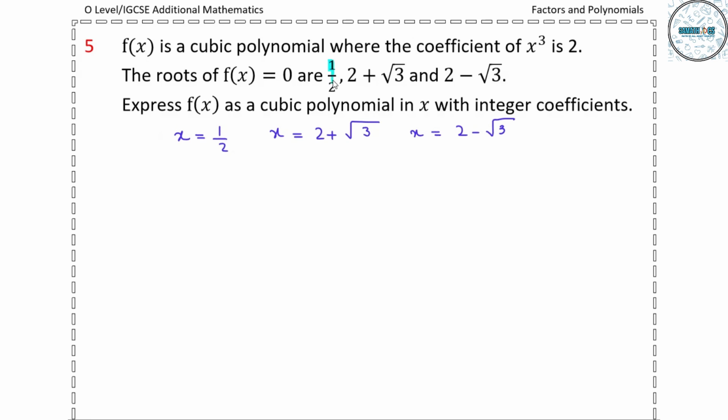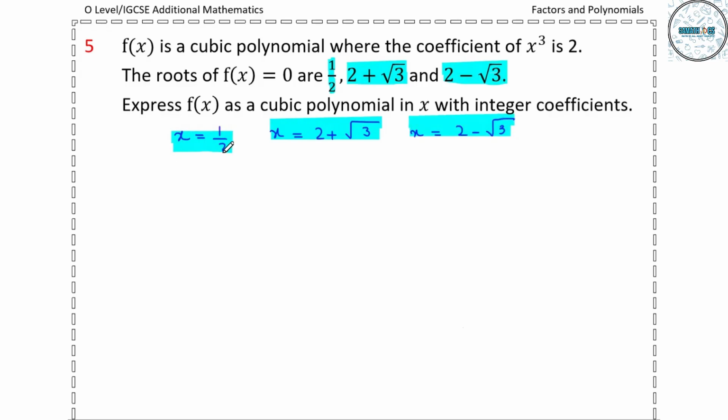Here x is equal to 1 upon 2. Then 2 plus under root 3, so this is the second root. Third value of x is 2 minus under root 3.